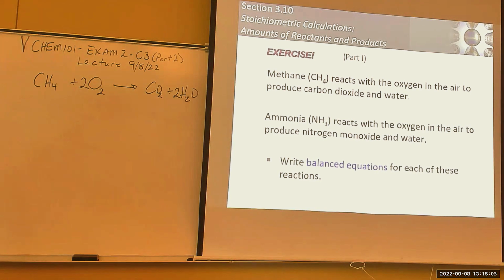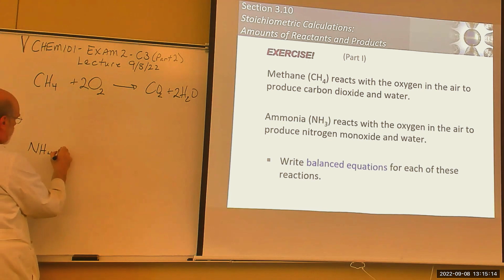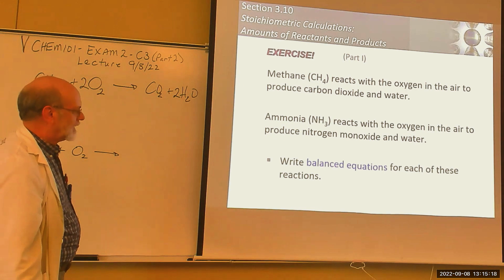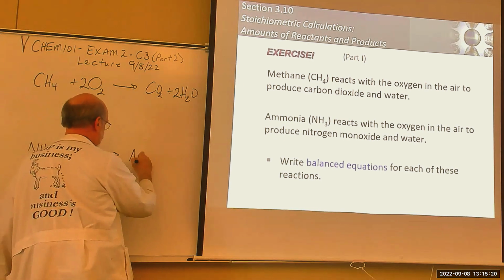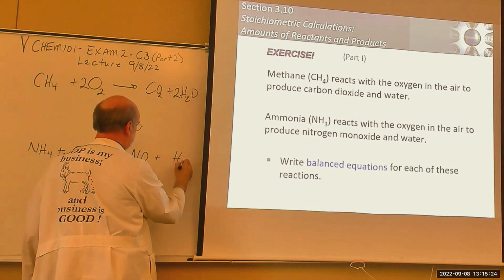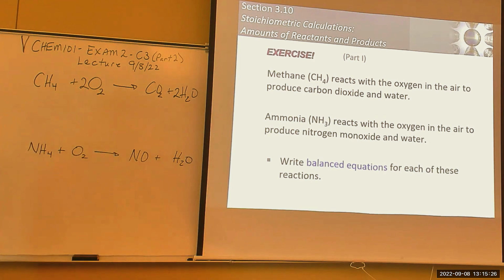Now we're going to compare that one with ammonia reacts with oxygen. Ammonia reacts with oxygen to produce what? Nitrogen monoxide and water. Okay? So we can do our budget for this one too. Nitrogen, hydrogen, oxygen. 1 nitrogen, 4 hydrogens, 2 oxygens.